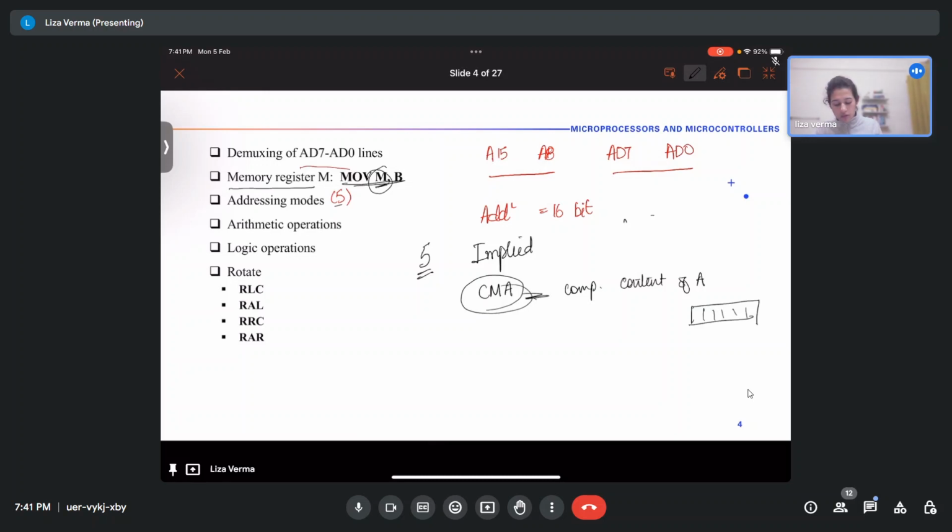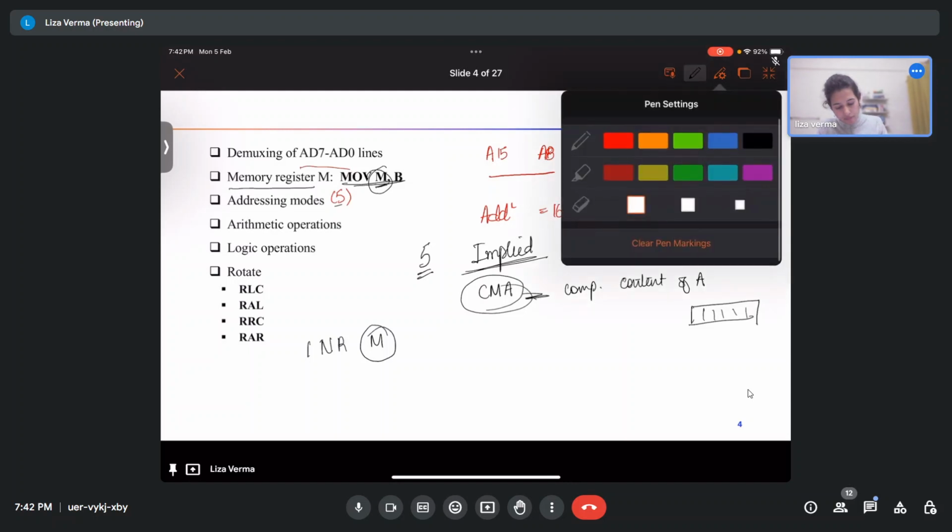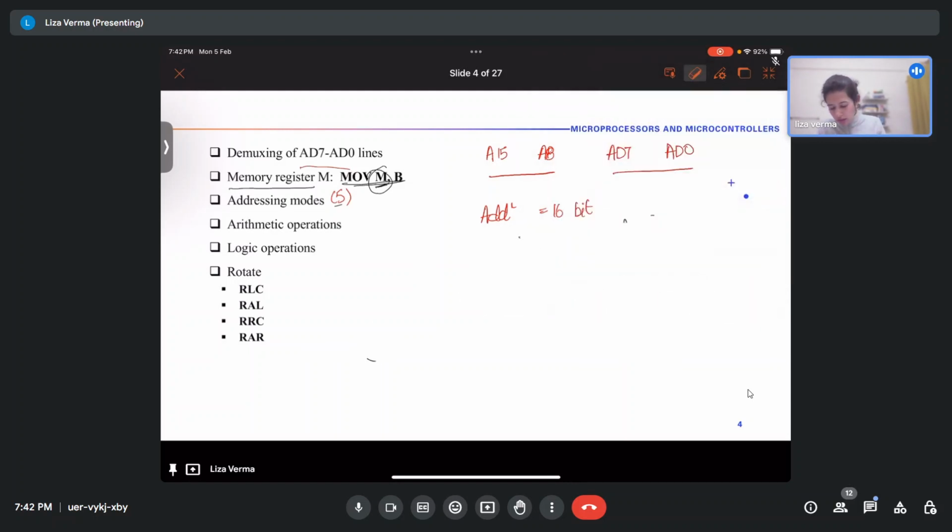Like before, if I say INR M, we required an operand, right? So in these kinds of implied addressing modes, the operand is not required. The operation is understood, and the operand is understood, like what data to operate on. And these RLC, RAL, RRC are also examples of these only.